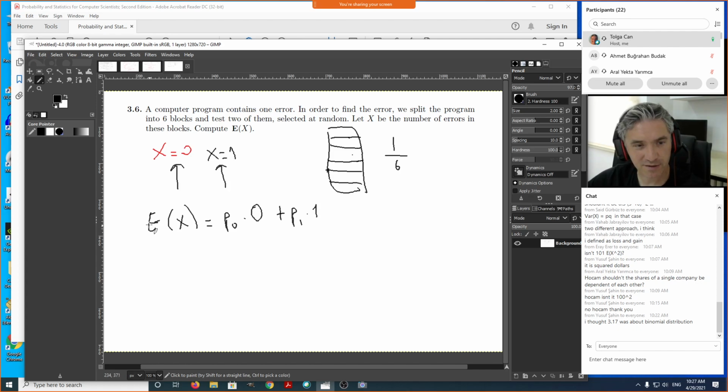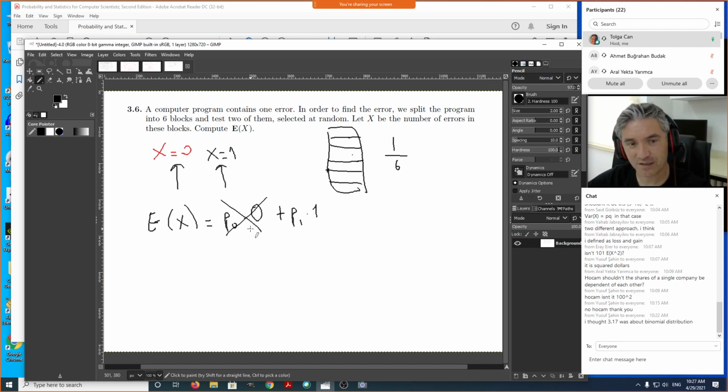And if you look at this expected value, whatever this probability is, since you multiply it with 0, it has no effect on the expected value, right? So you shouldn't spend your time unnecessarily finding the probability to get 0 errors in these two blocks.